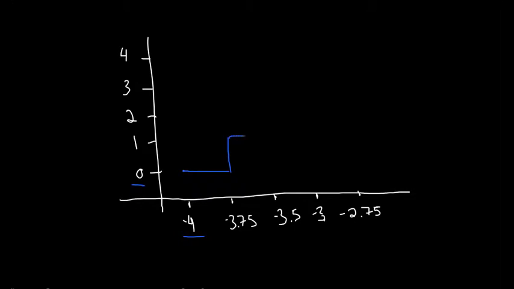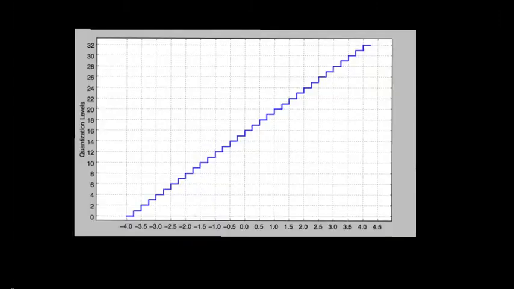We continue plotting until we hit the next step size and go to the next level, and so forth. If you do this for the whole interval, you will get a staircase relationship between the interval and the quantization levels, as shown here.